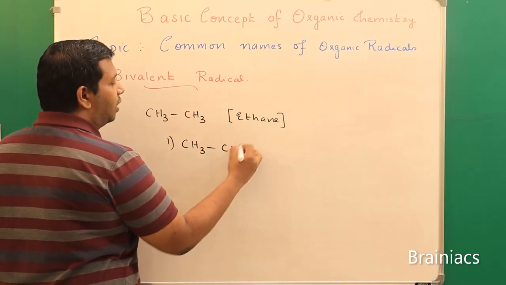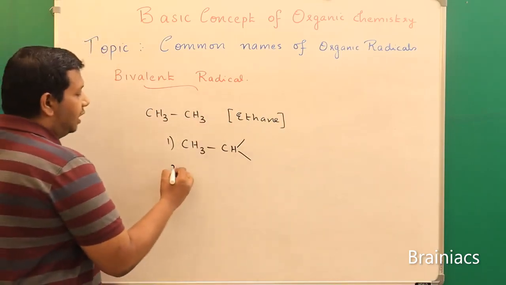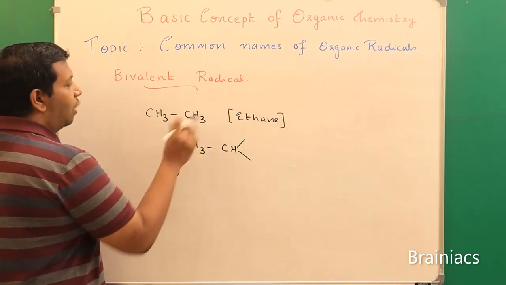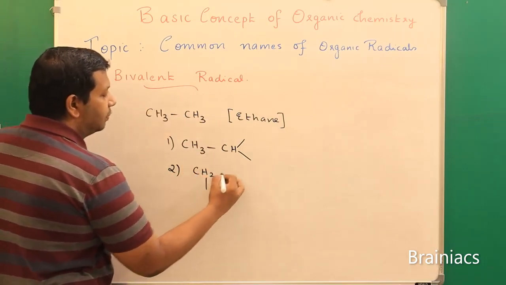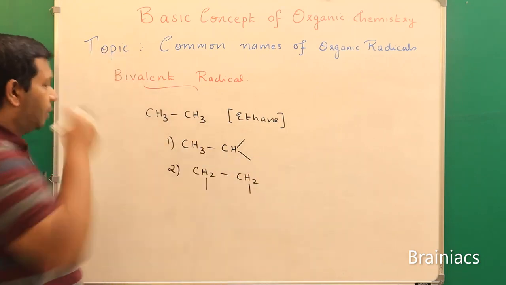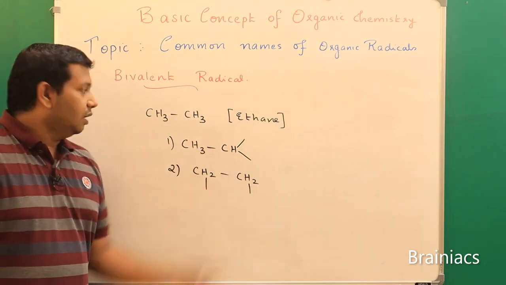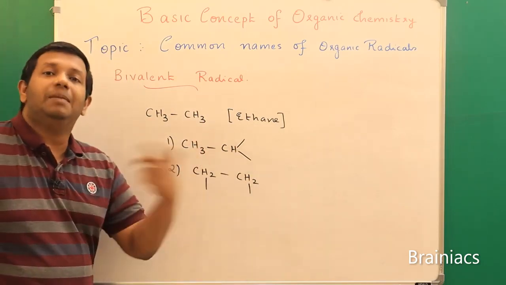Then it will become like this. Correct? What is the other possibility? I can remove 2 hydrogens, one from here and the other from here. Is there any other possibility? No. Correct? So 2 hydrogens are replaced but from adjacent carbon atoms. Here it is from the same carbon atom. So based on this, it will be named accordingly.